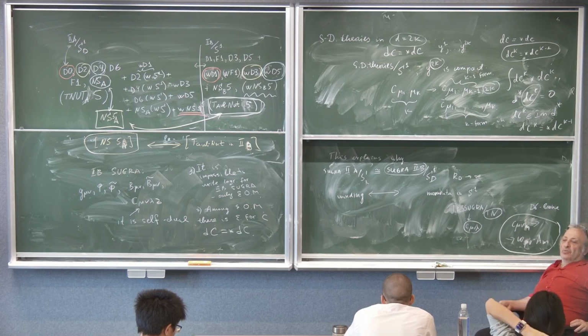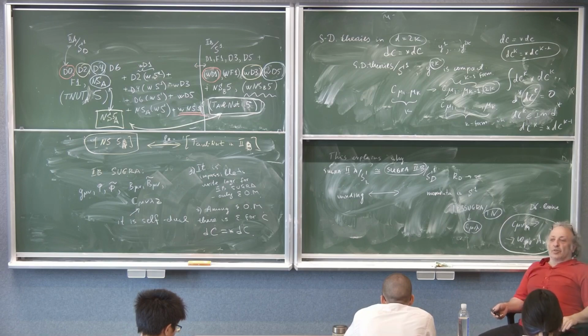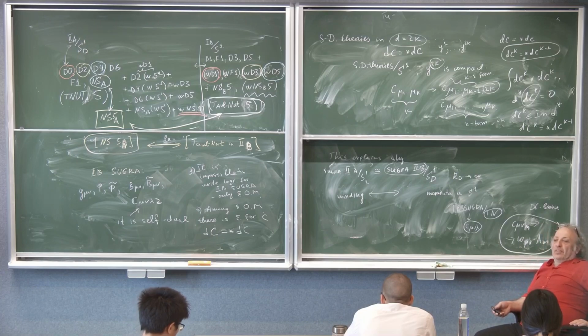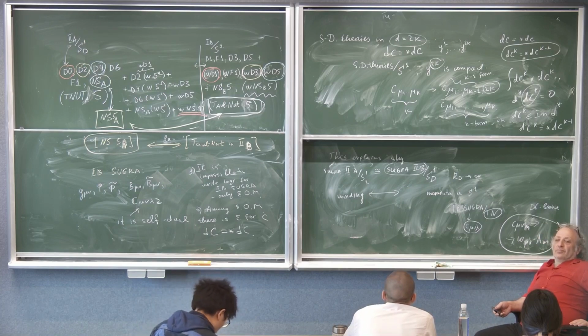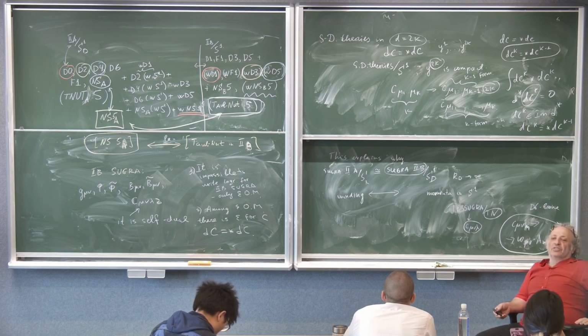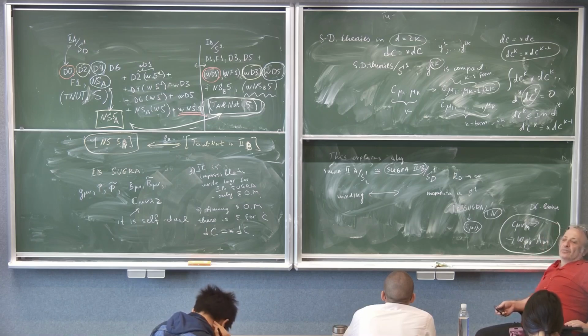But then the question would be how to determine all observables that match. We determined only some of the observables, like D branes. But there would be other observables. So that's why the mathematical formulation of these dualities is very far from being understood.